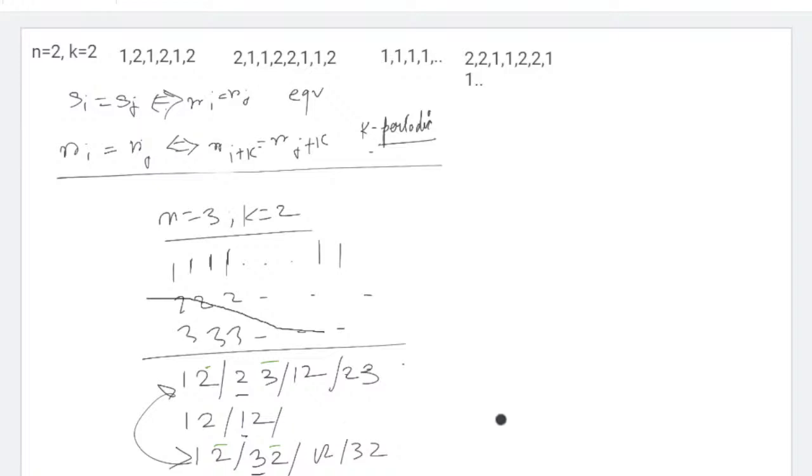Okay, 1, 2, 3, 1. No, I mean, this is not equiperiodic. Why? Look, two and three are not equal, but one and one are equal. Ah, damn. Okay, got it. So this is not an equiperiodic sequence.